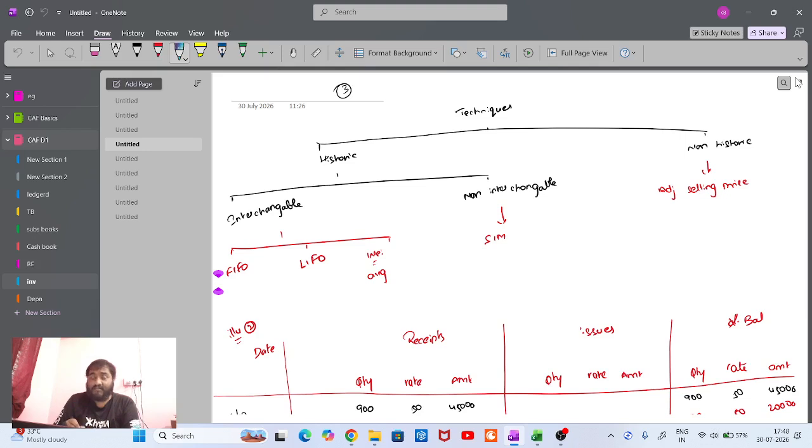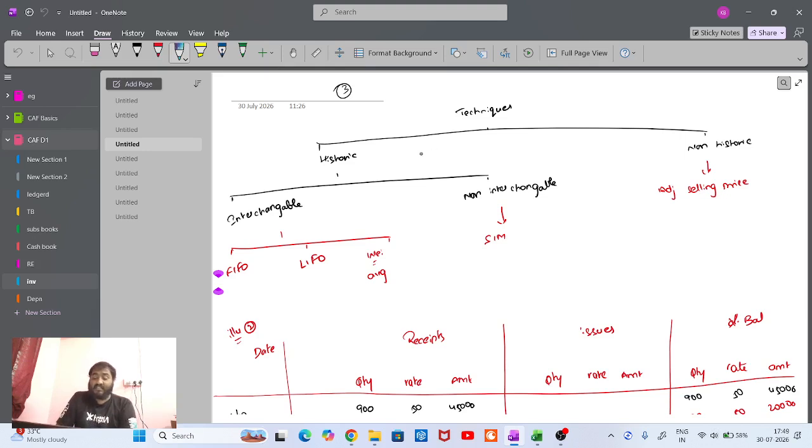Net realizable value. The value that we might realize if we sell the inventory today. Estimated selling price minus estimated selling cost minus estimated cost of completion. Okay. Whichever is lower is the value that we record on the day we purchase inventory.